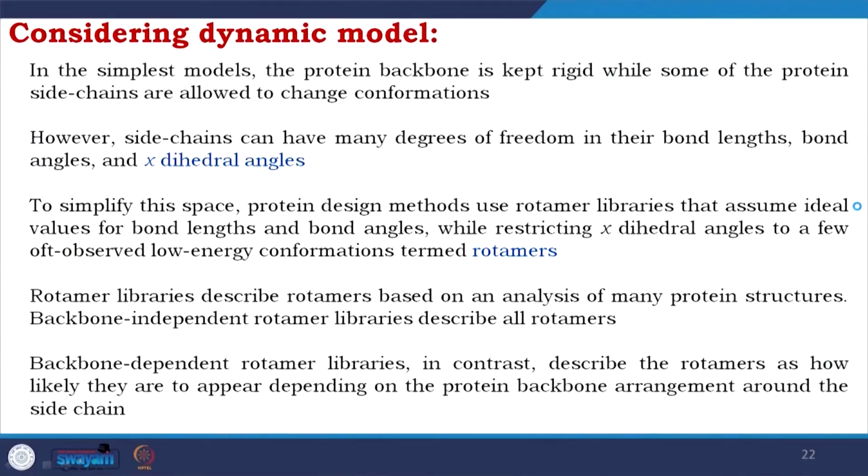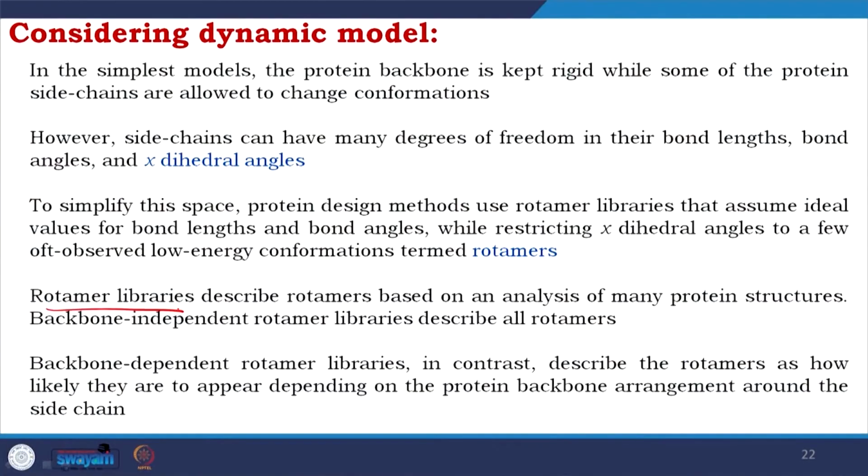Rotamer libraries describe rotamers based on an analysis of many protein structures. So, backbone independent rotamer libraries describe all rotamers. So, what are these rotamer libraries?